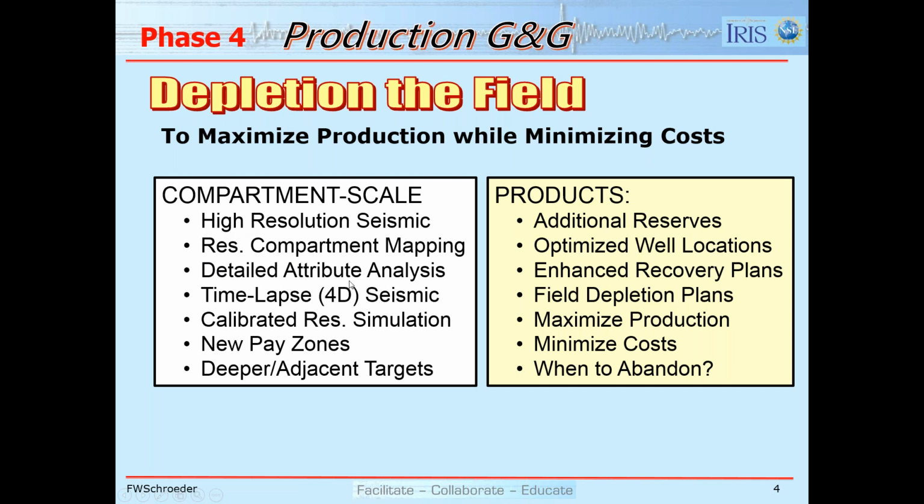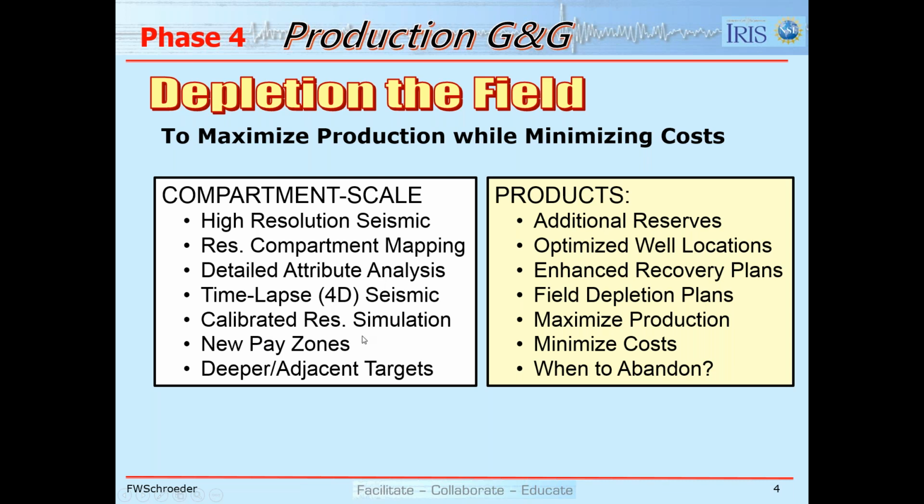We may be able to use seismic attributes to extract more and more quantitative information about how the field is going to produce. I'll talk a little bit about time-lapse seismic or 4D seismic, where we use repeat seismic surveys to try to monitor how the field is being flushed of its oil and gas.